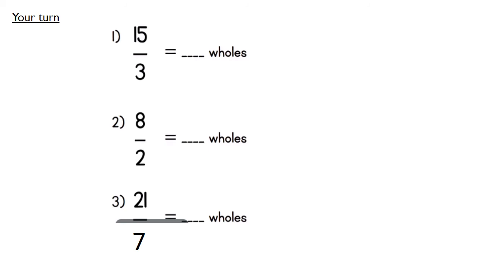Now think about the previous slide where we were looking at 20 fifths, and just have a think. 3 multiplied by what gives you 15, and 15 divided by what gives you 3.